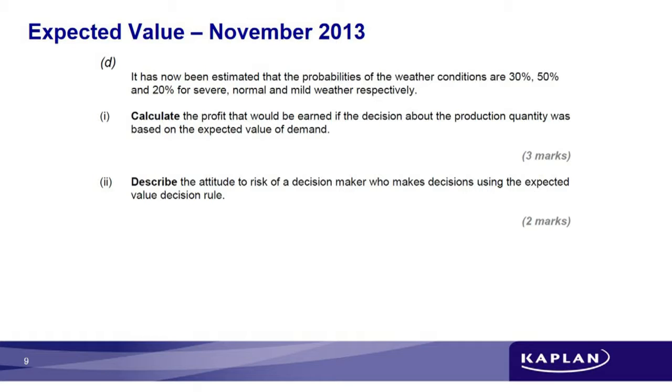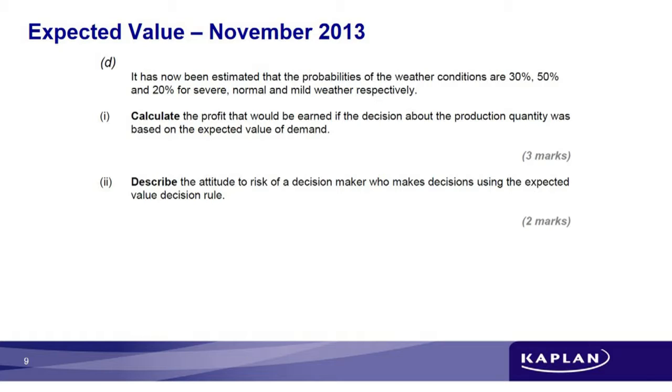It says it has now been estimated that the probabilities of the weather conditions are 30%, 50%, and 20% for severe, normal, and mild weather respectively. Then calculate the profit that will be earned if the decision about the production quantity was based on the expected value of demand.